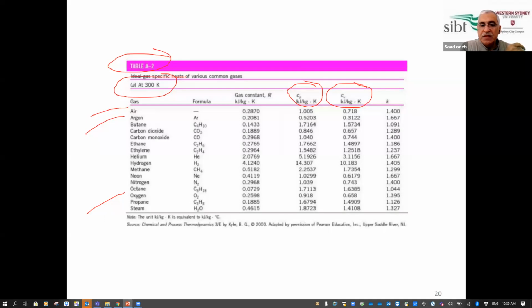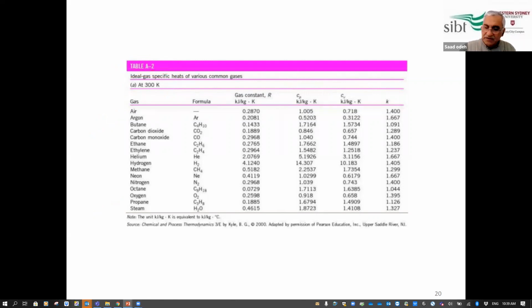The reason for showing this temperature is that if we go to extreme temperatures, Cp and Cv will change. Therefore, we have to find different values from tables for Cp and Cv. Let me show you what I mean.